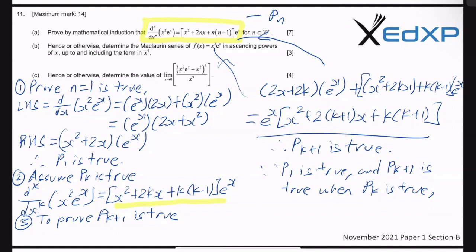When n equals 2 is true, n equals 3 is true, and all the way to infinity. Therefore, Pn is true for all n elements of positive integers. And that is the full 7 marks for part A. So that's proving by mathematical induction.